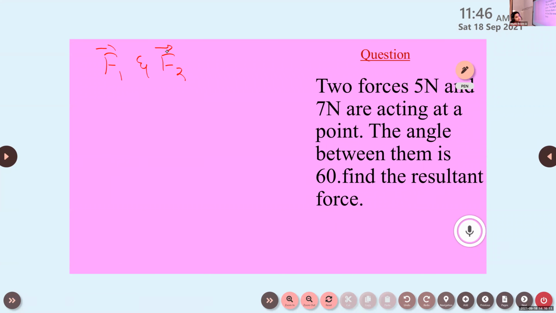Their magnitudes are given: F1 is 5 Newton and F2 is 7 Newton, with angle theta between them equal to 60 degrees.